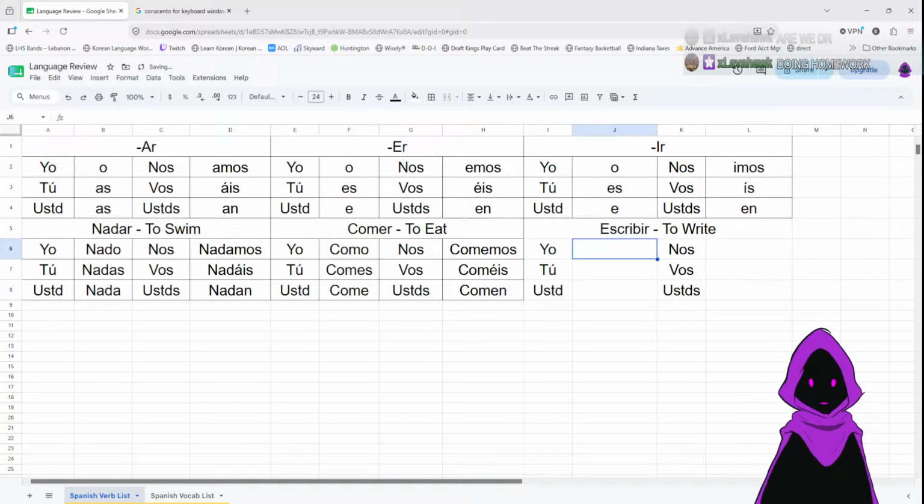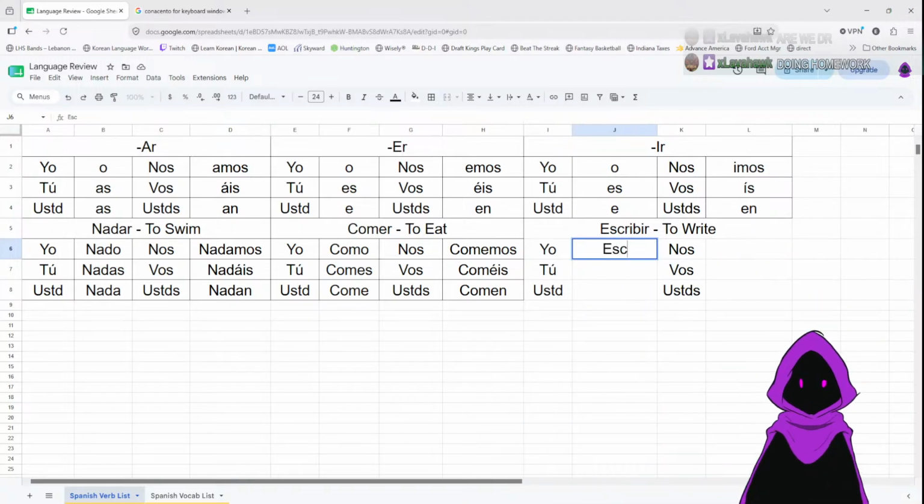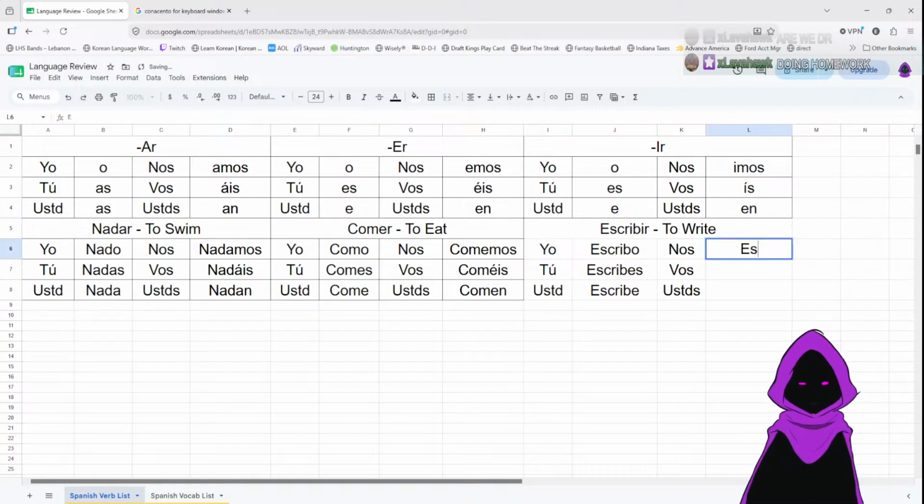Alright, so the yo form of escribir is escribo. Tú is escribes, you write. The usted form is escribe. Escribimos for we write.